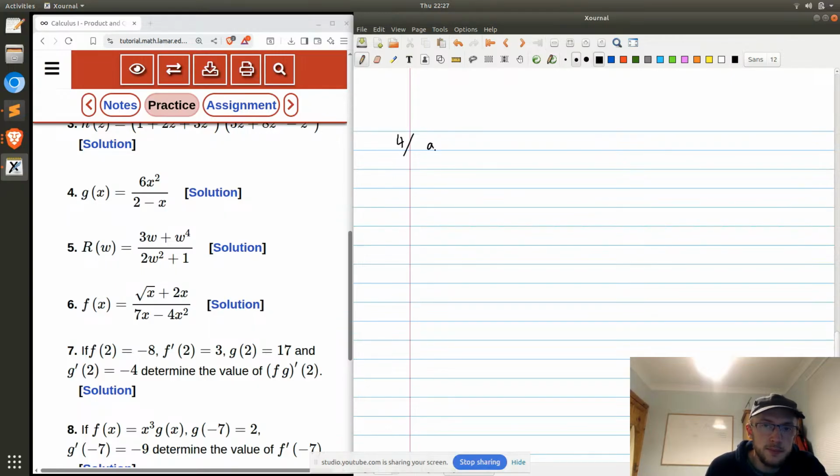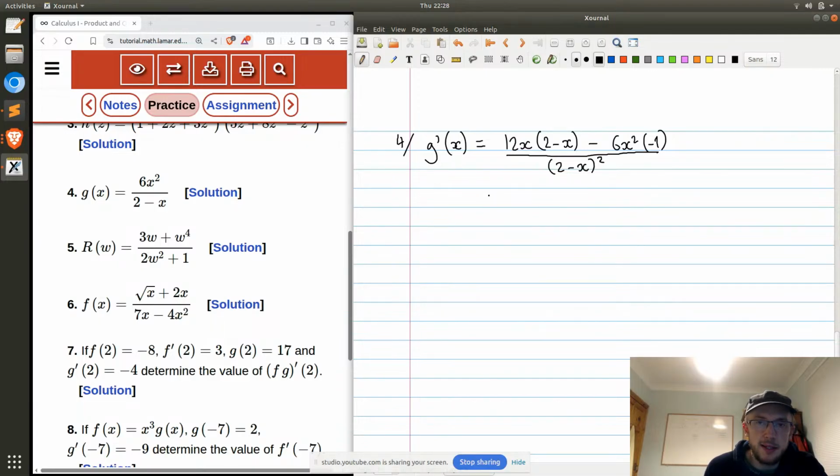So this will be f prime times g, so minus f g prime. What's the derivative of that? Well, that would just be -1 all over the square of g.